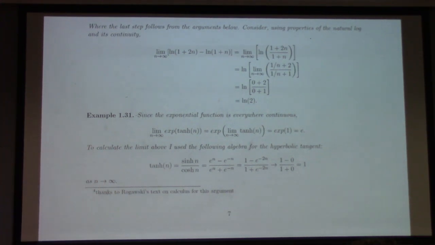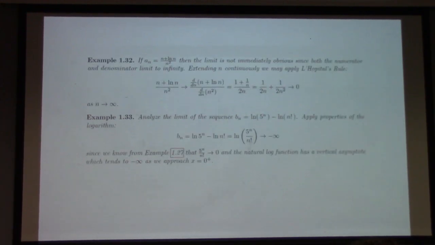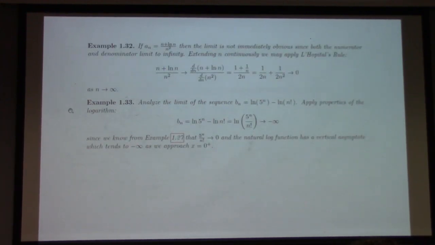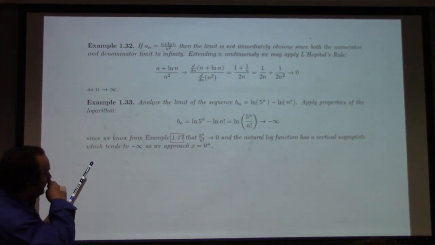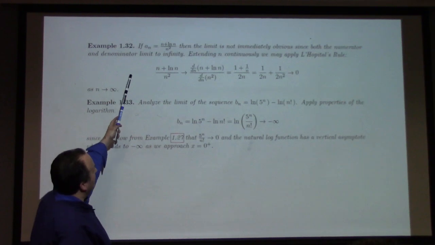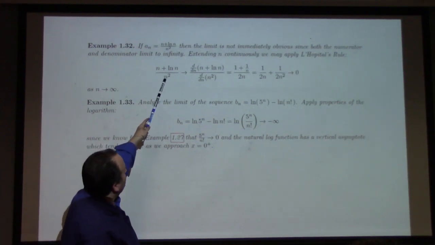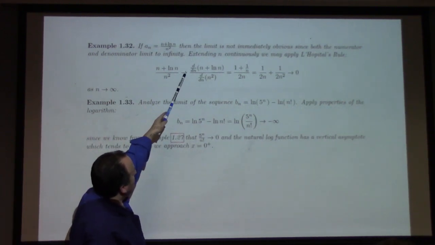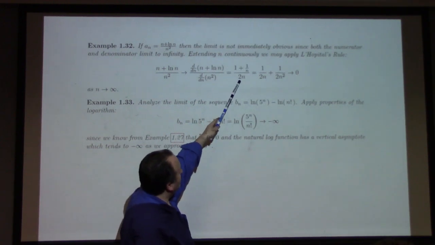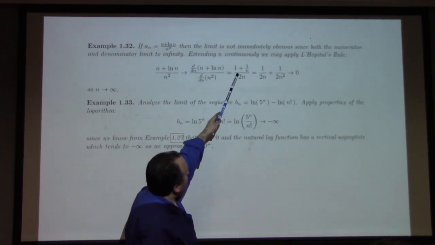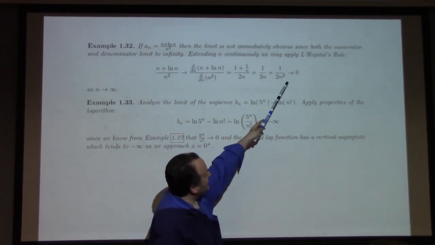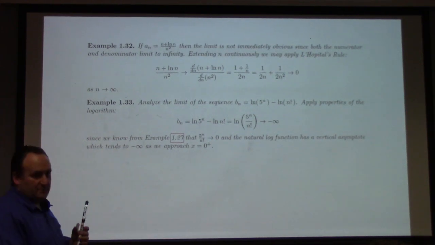So there you go. That limit is e. Here's another one. If we have n plus log n over n squared, we can extend n continuously and apply L'Hopital's rule. That gives me 1 plus 1 over n over 2n, which by algebra is this, and those both go to 0, so the limit's 0.